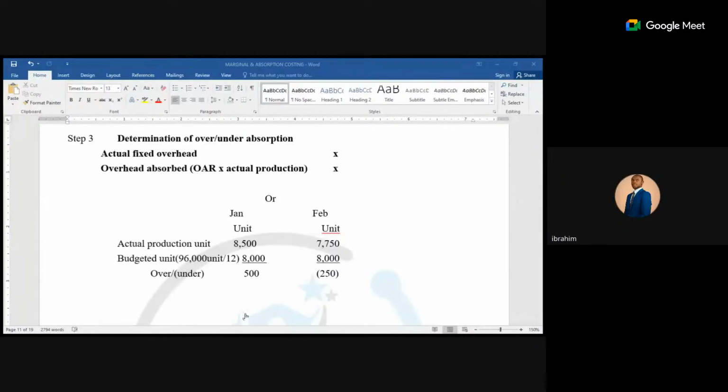It becomes an expense. So you now multiply by the OAR, your fixed cost per unit, so that you get the cost. Which is 3 naira per unit.